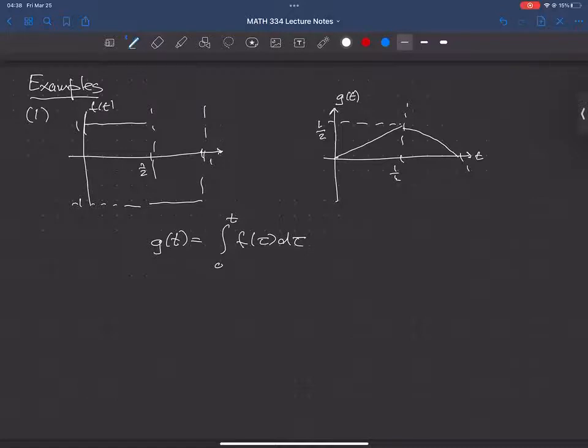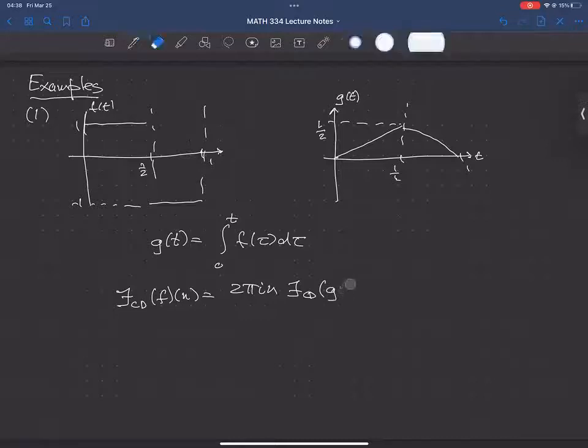So what we expect is that the CDFT of f at n is 2 pi i n over T, but T here is 1, times the CDFT of g at n. And indeed that was true.